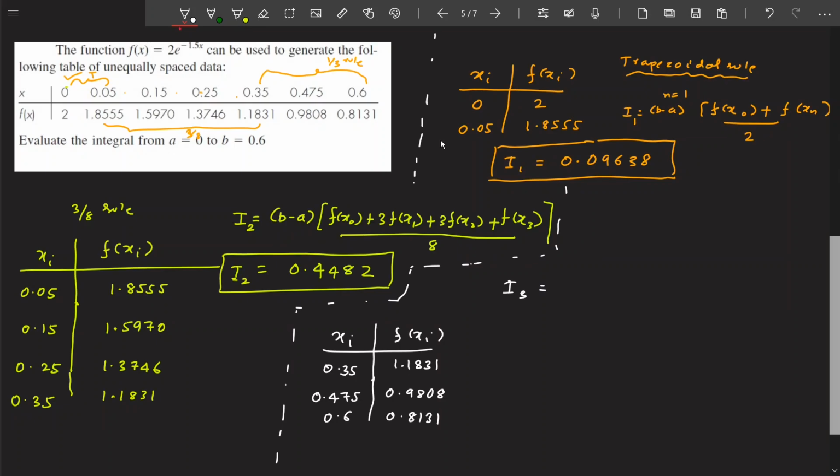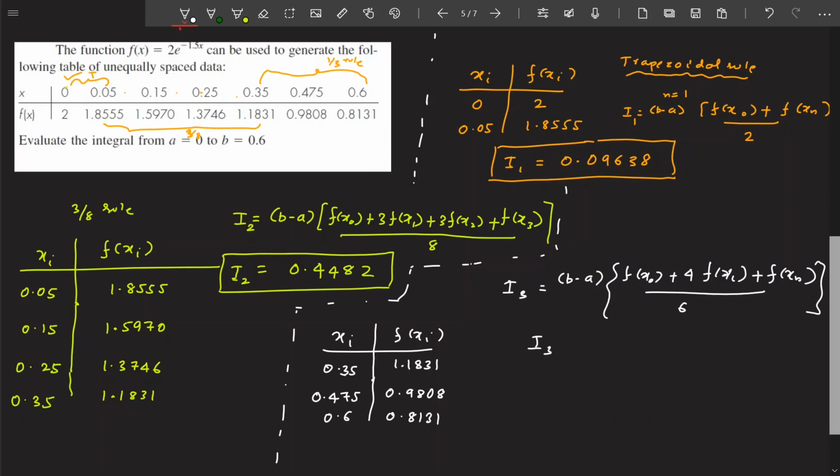Now what is the formula for I3? What is the formula for Simpson's 1/3 rule? Can you guys recall? It is f of x0 plus 4 of f of x1 plus f of xn, divided by 6, that is 3 into n, that is 6.